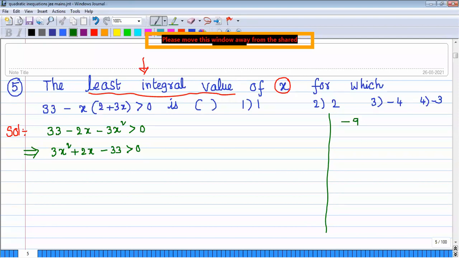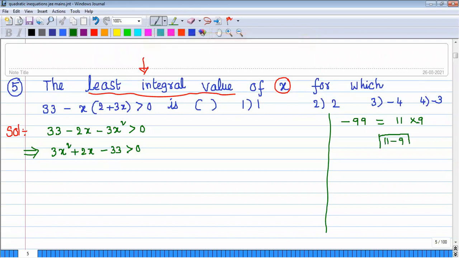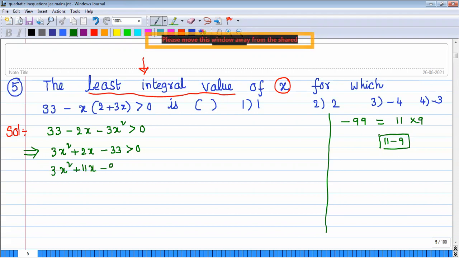Minus 99. Minus 99 means we can write 11 into 9. And also this can be written as 11 minus 9. Yes, absolutely correct. So 3x square plus 11x minus 9x minus 33 greater than 0.